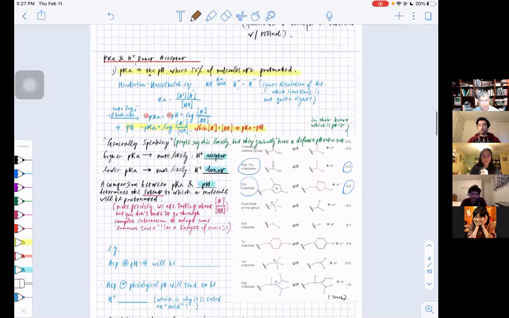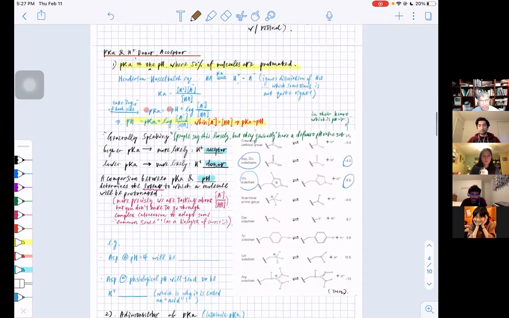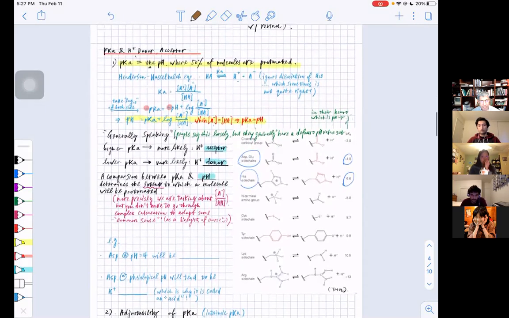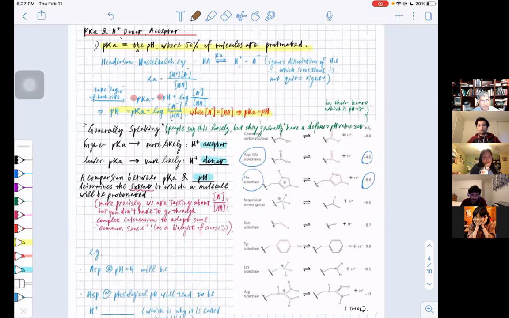But before I talk about the mechanism of proton transfer, I want to review the concept of pKa. One definition I found extremely helpful is that the pKa is the pH where 50% of molecules are protonated. This conclusion is derived from the Henderson-Hasselbalch equation.